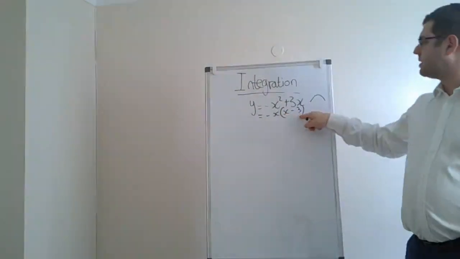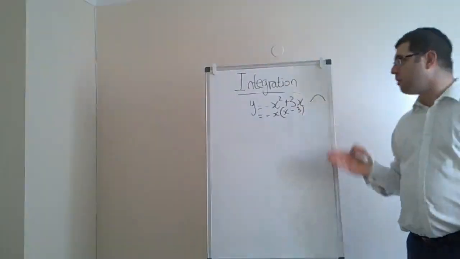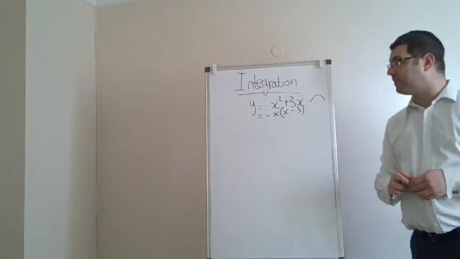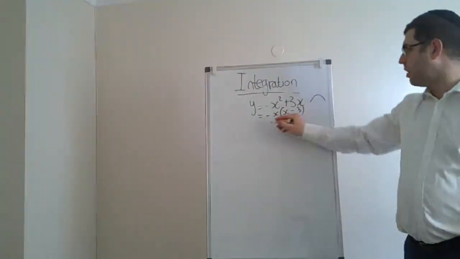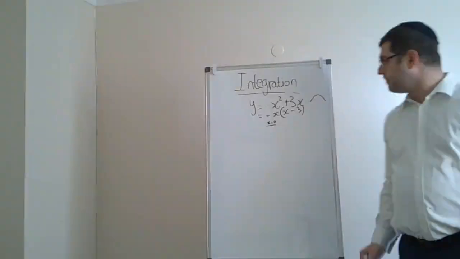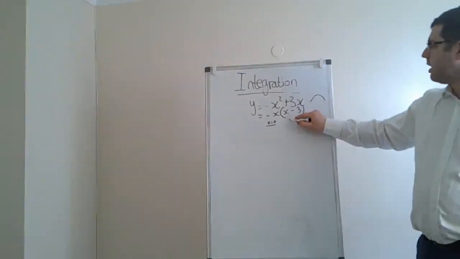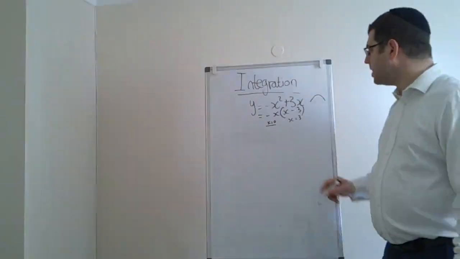So from this factorised form of the quadratic, if minus x equals 0, of course we set y equal to 0 to find where a graph touches the x-axis. If minus x equals 0, that means x equals 0, so x equals 0 is a root. If x minus 3 is 0, then x equals 3 is a root.